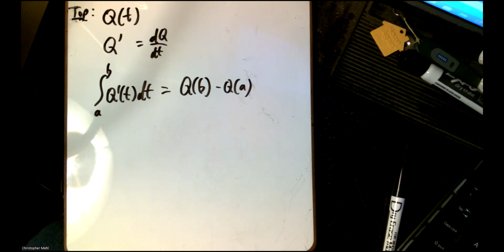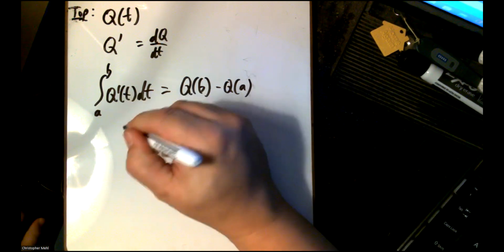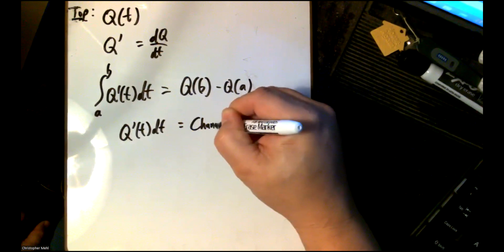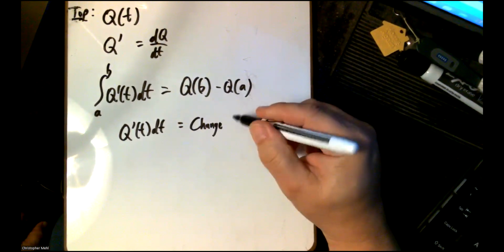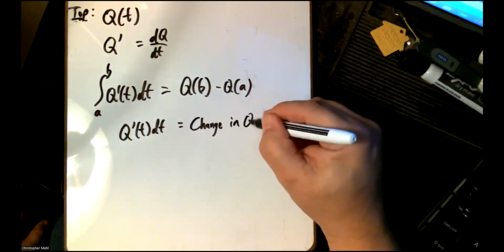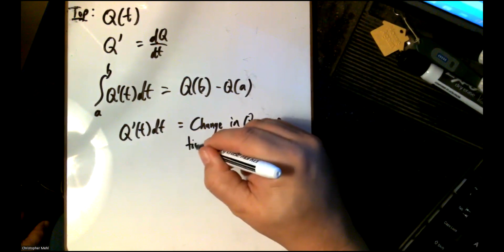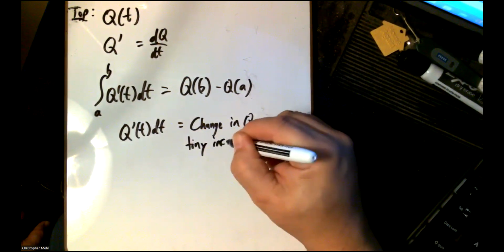So the product, Q prime of t dt, is the change in Q over a tiny increment of time.